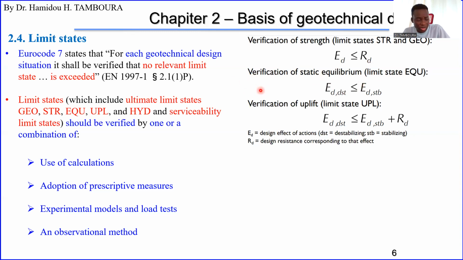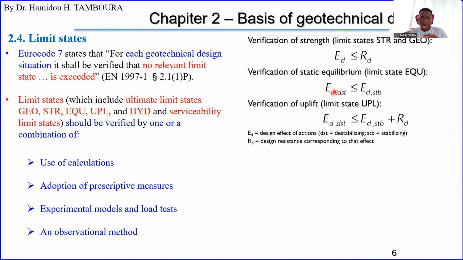So to verify this equilibrium, you need to know, within the forces acting on your structure, your foundation or retaining wall for example, what are the stabilizing forces and destabilizing forces. You can see here these are the effects of design actions, left and right are the same.